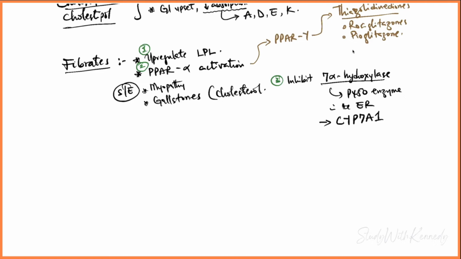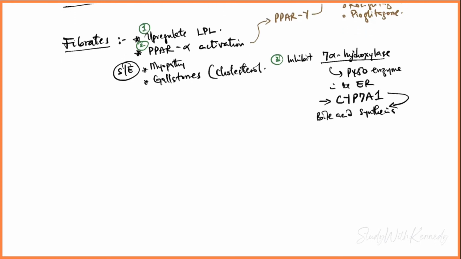And the role of this enzyme is bile acid synthesis and regulation. So 7-alpha hydroxylase is a P450 enzyme in the endoplasmic reticulum, specifically cytochrome P7A1, and what it does is bile acid synthesis and regulation.